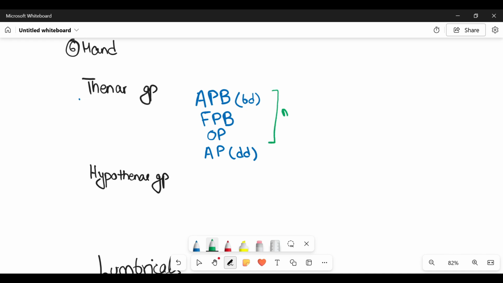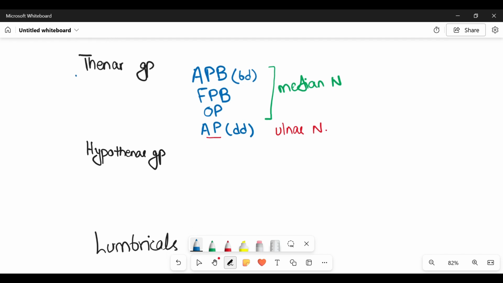Among the hypothenar group, we have the abductor digiti minimi, flexor digiti minimi, opponens digiti minimi, and palmaris brevis muscle. All these hypothenar muscles are supplied by the ulnar nerve.